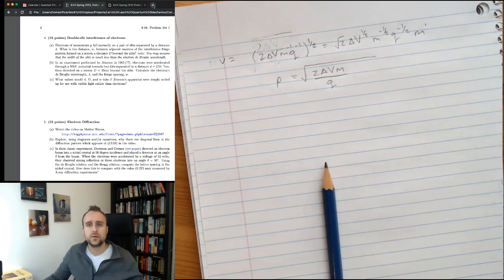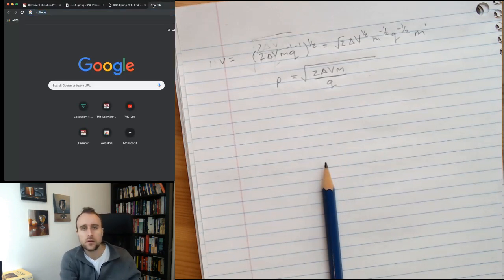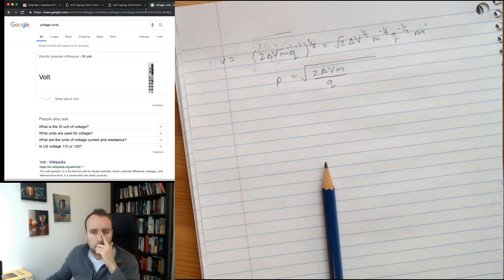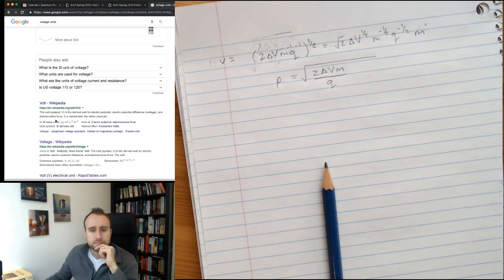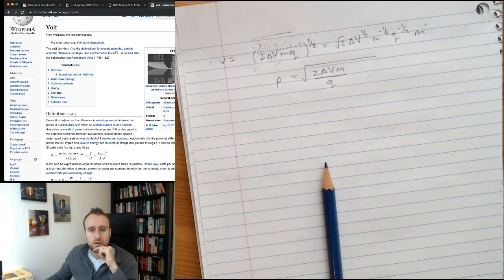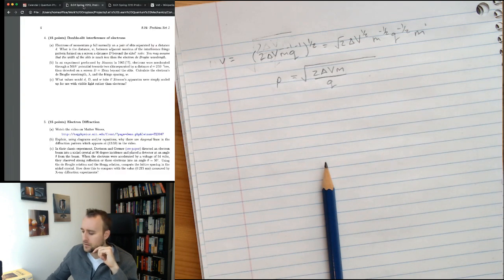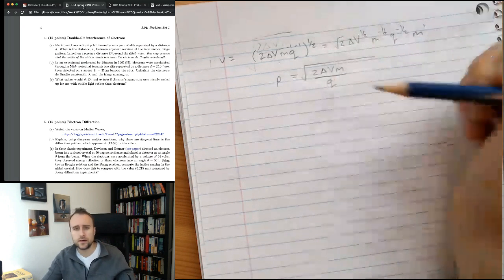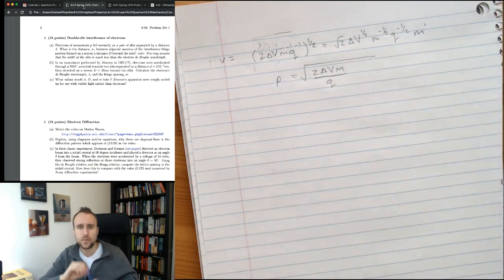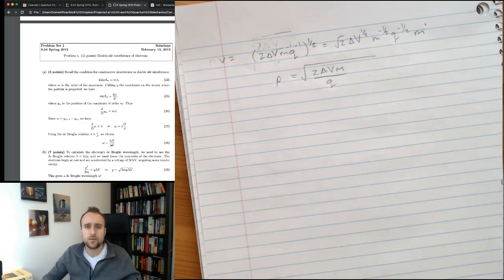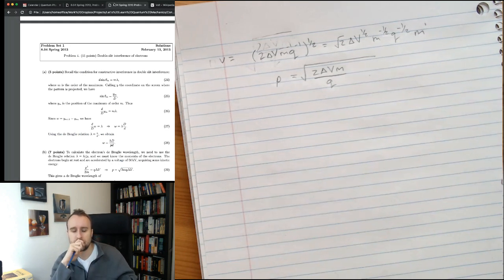Voltage is potential energy divided by charge. So why is it appearing up here and not here? Why is it appearing up there and not there?